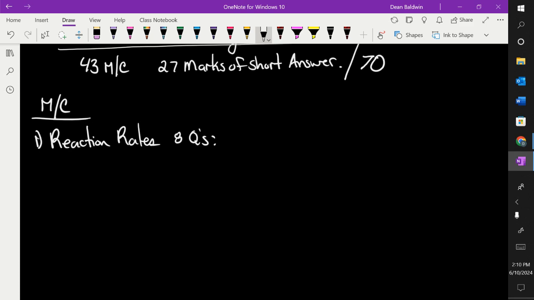I've already reviewed the whole unit, but just a quick little thing. Obviously, rates, how to increase or decrease the rates. A little bit on collision theory.